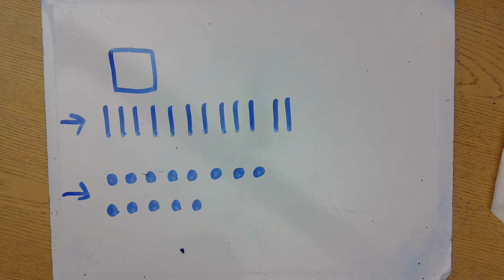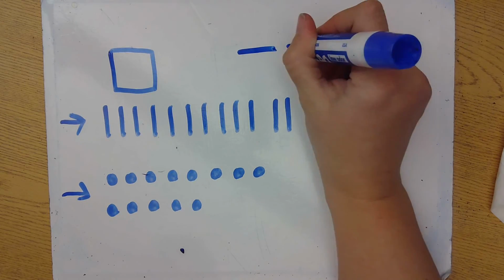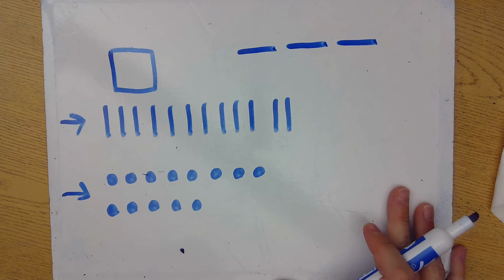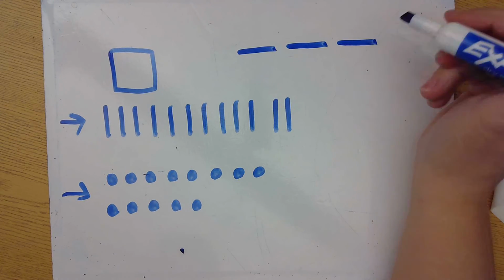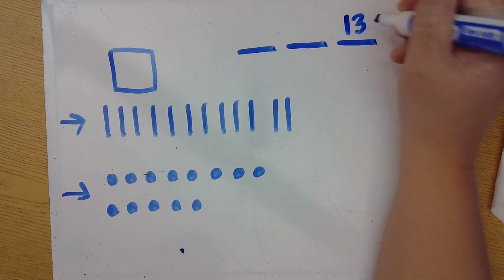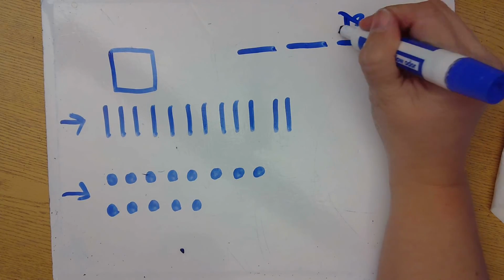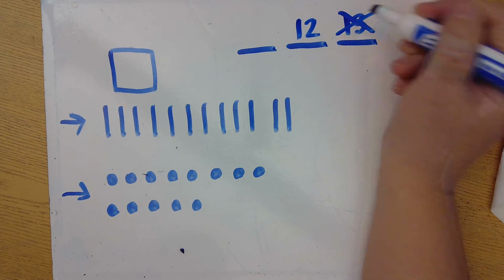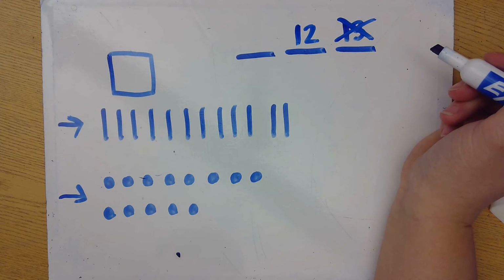So I have to do something about this. Remember, each place value can only hold 1 digit. So I cannot write 13 in the ones place. That's a big no-no. I cannot write 12 in the tens place because that's 2 digits.